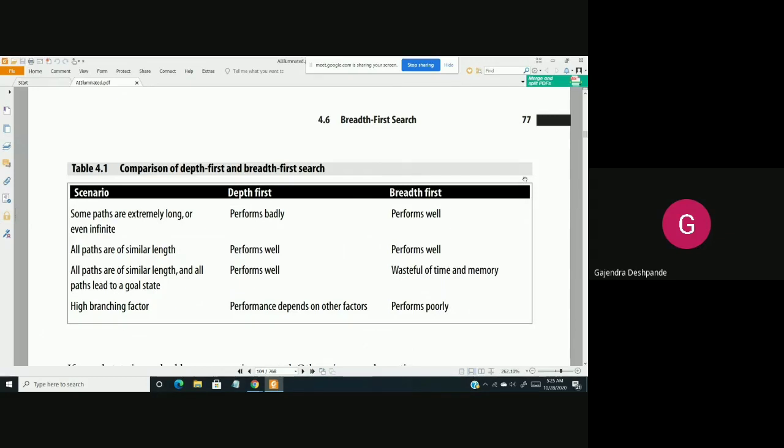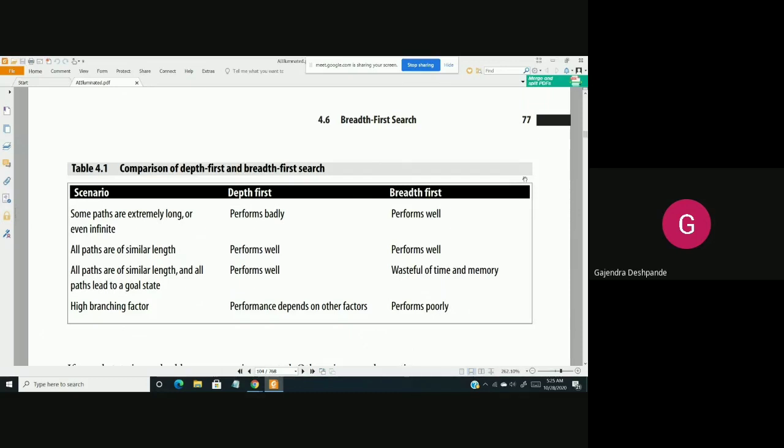In this case, DFS will perform badly, whereas BFS will perform better because depth doesn't matter. Even if you have infinite depth, BFS will give you results. So note here that even if you have infinite depth, BFS will still give you the result.